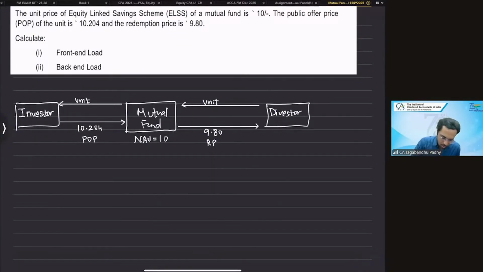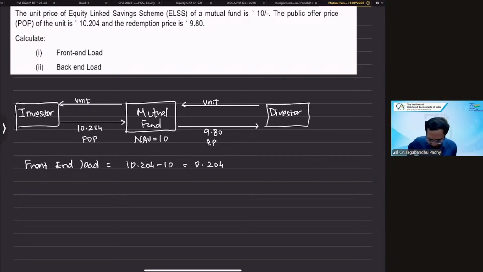Okay. So you want to know the front end load and back end load. Front end load is simply 10.204 minus 10. So can I say the investor is paying 0.204, right? Additional over the NAV value.